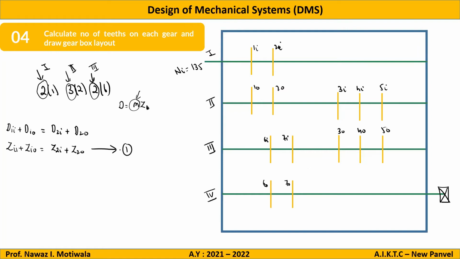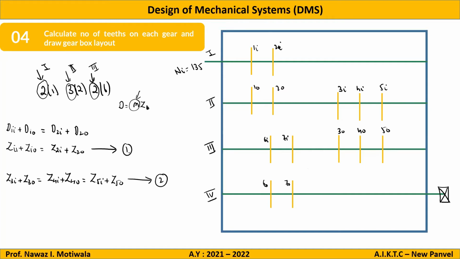No sir. Okay, so this was for stage 1. On similar lines, in terms of z, I can write z3i plus z3o is equal to z4i plus z4o is equal to z5i plus z5o. So this is for stage number 2.